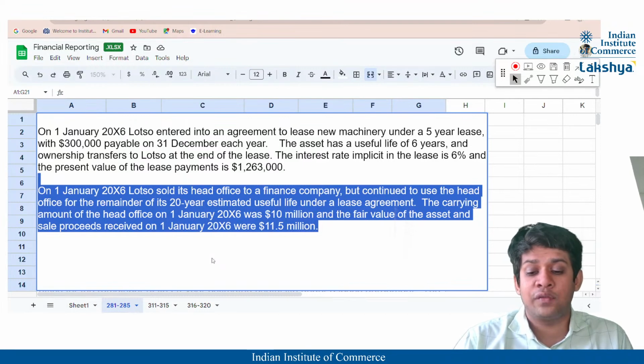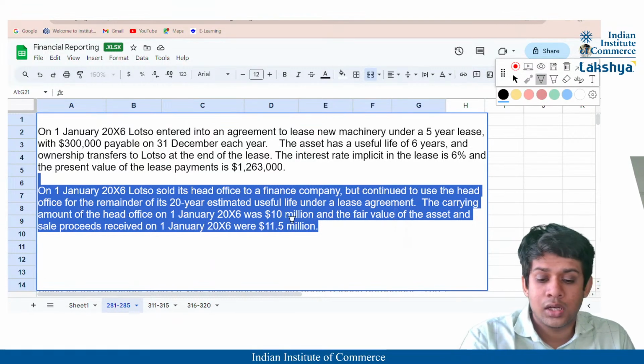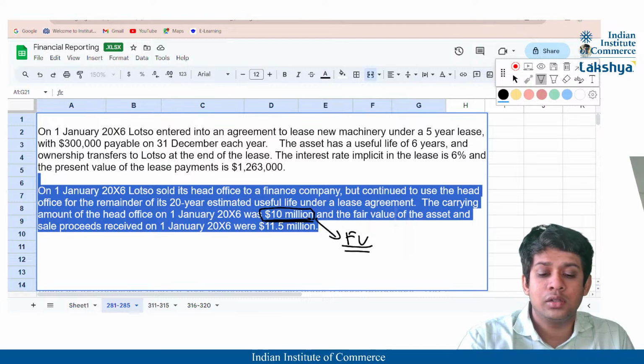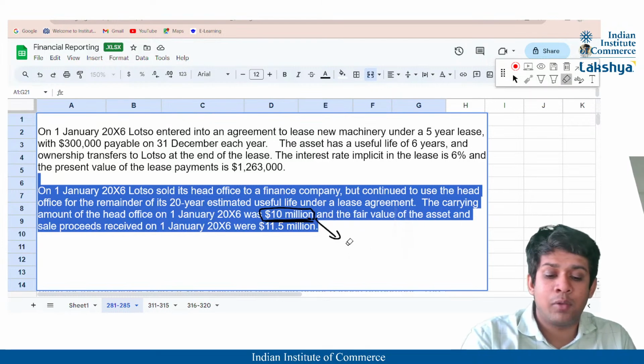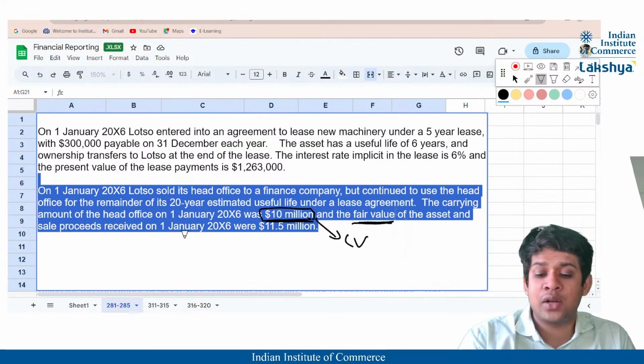The carrying amount of the head office on 1st January 2016 was $10 million, and the fair value of the asset and sale proceeds received. Sorry guys, this 10 million is the carrying amount of the asset, and its fair value at 1st January 2016 was 11.5 million.